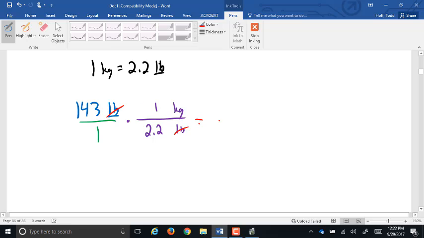Pounds cancel out. 143 times 1 kilogram is 143 kilograms over 1 times 2.2, which is 65 kilograms.